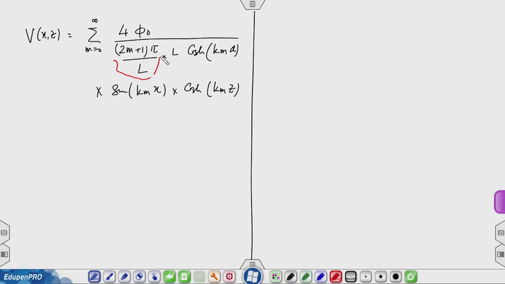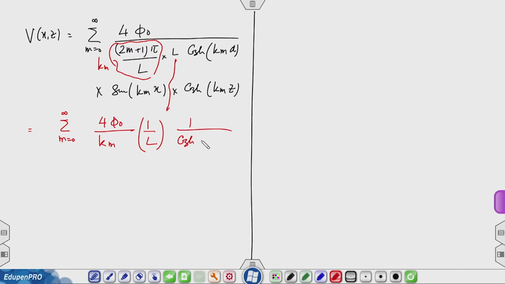This quantity itself is K_m. So, this comes out to be summation m equals 0 to infinity 4φ0 over K_m, 1 over L, this is this term, 1 over cosh(K_m d) times sin(K_m x) cosh(K_m z).